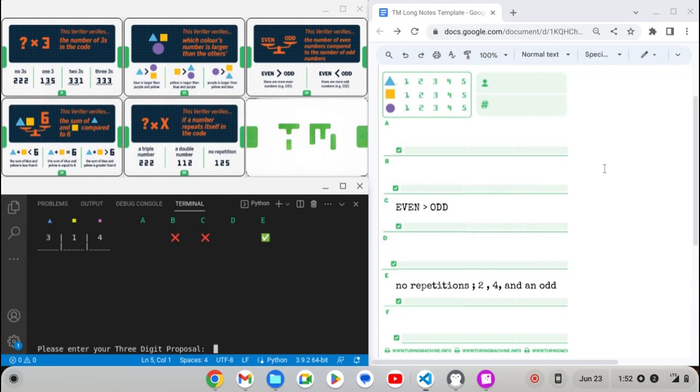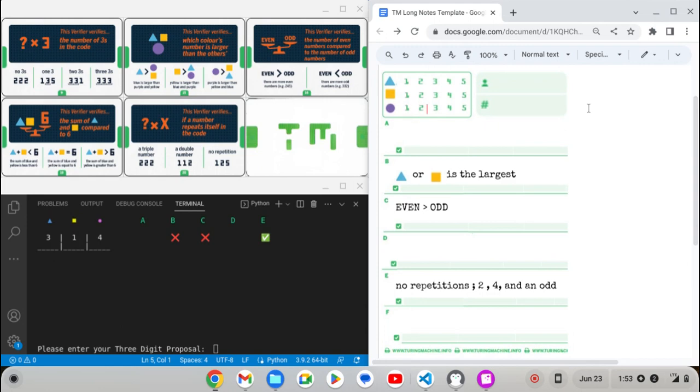So let me go ahead and put that down in my notes in B, that triangle or square is the largest.